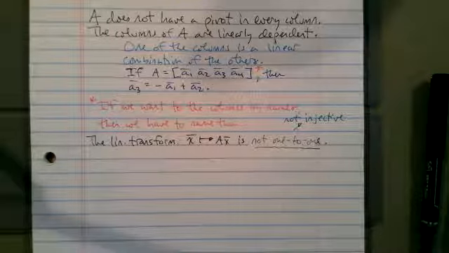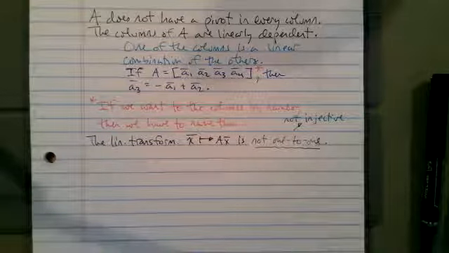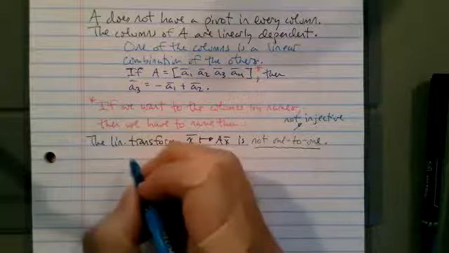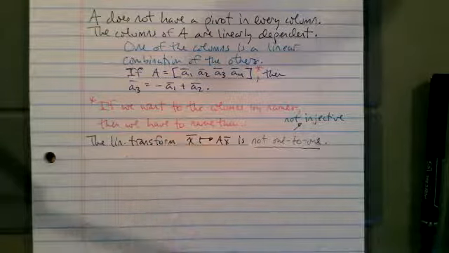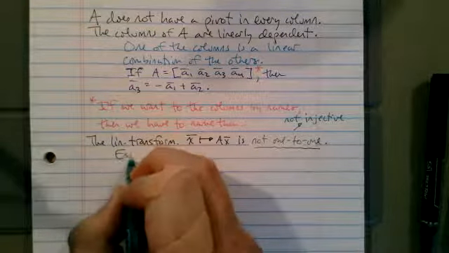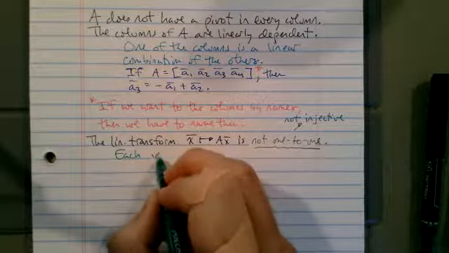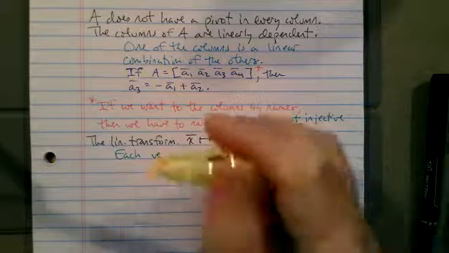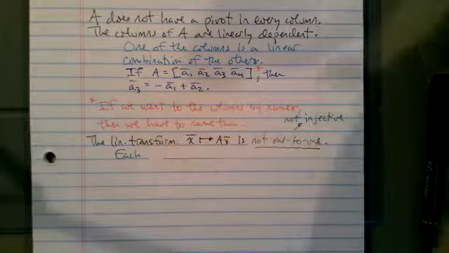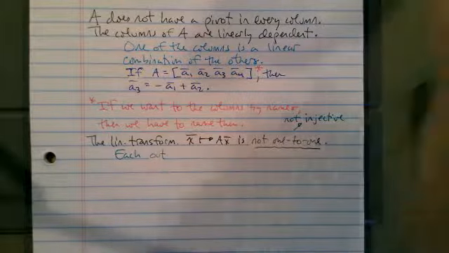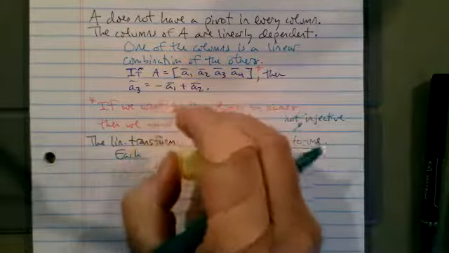But if the transformation is not 1-to-1, each output will correspond to more than one input. I wasn't saying output, I was saying image.